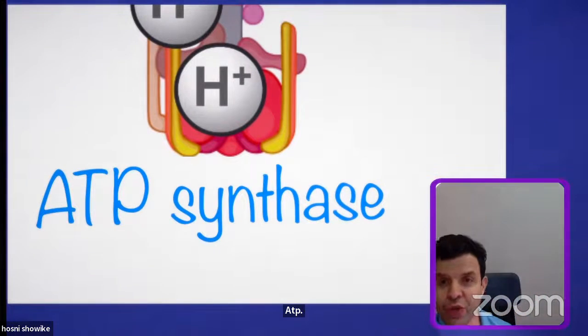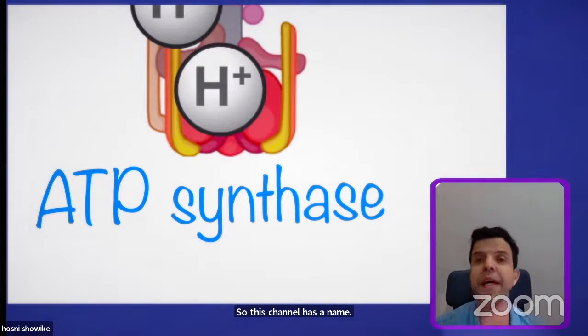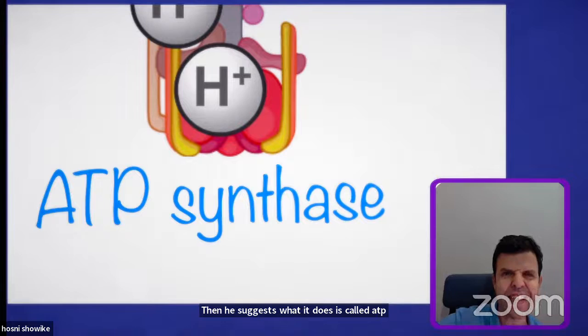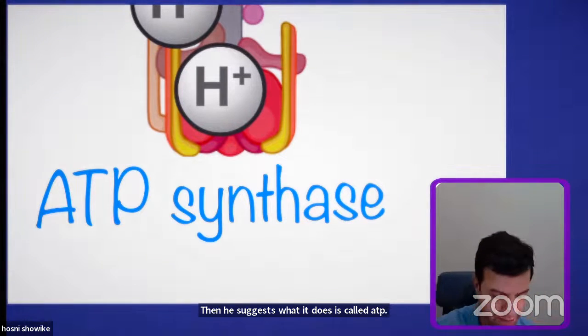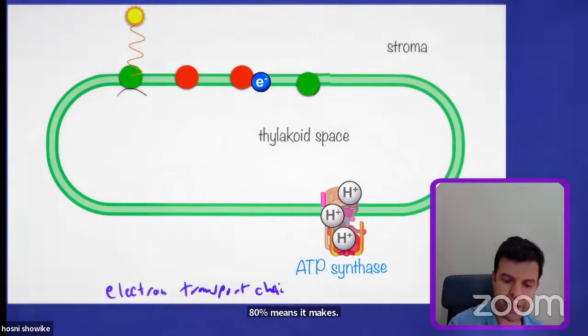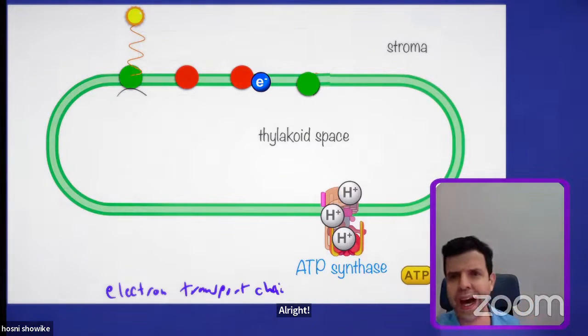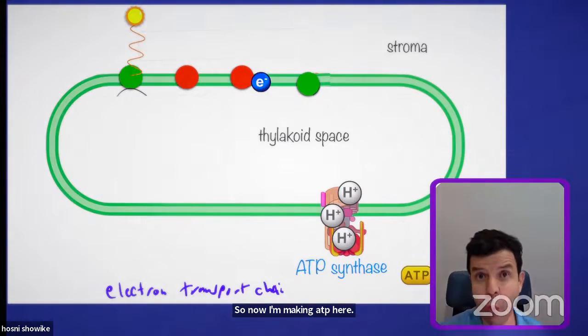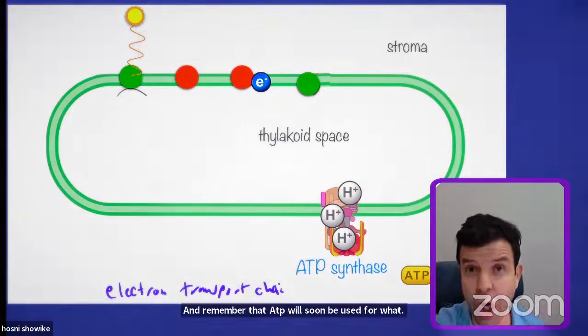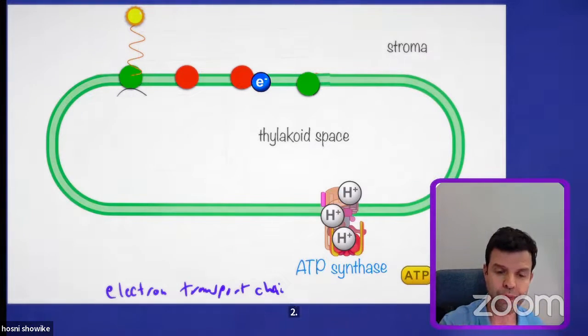The name suggests what it does. It's called ATP synthase. ATP synthase means it makes ATP. All right? So now I'm making ATP here. And remember that ATP will soon be used for what? To fix carbon dioxide, to make glucose.